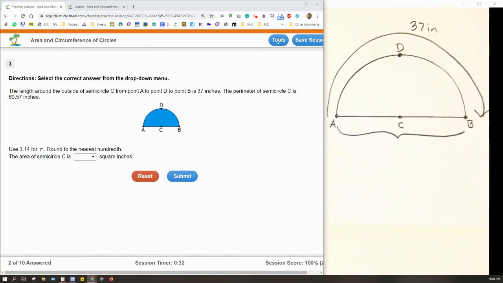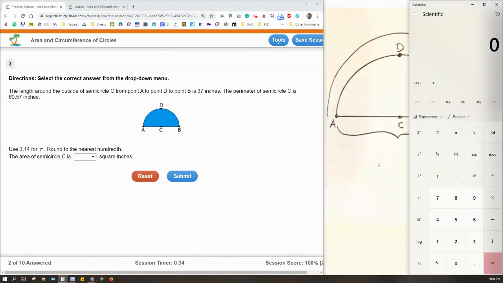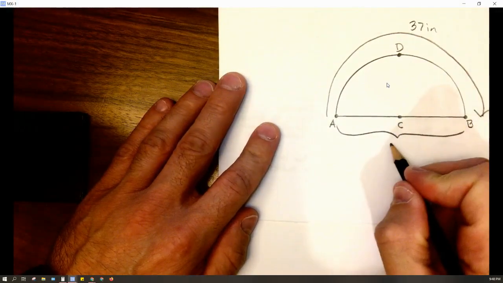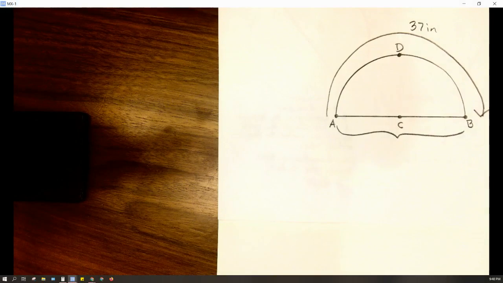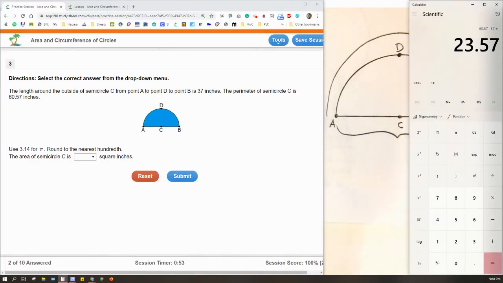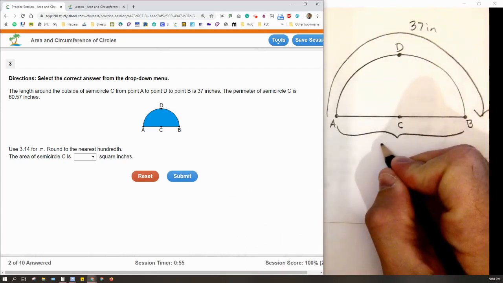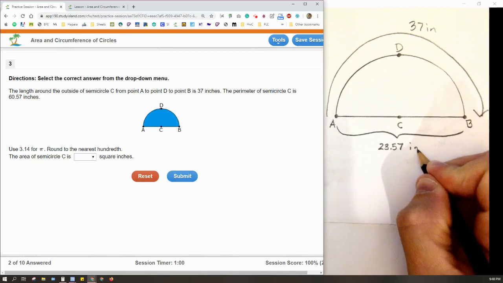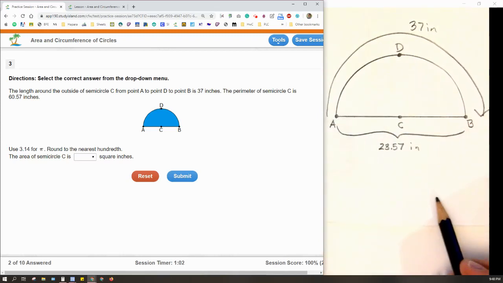So in our calculators, 60.57 minus the 37, and we get 23.57. So on my diagram, that distance from A to B is 23.57 inches, from A straight to B.